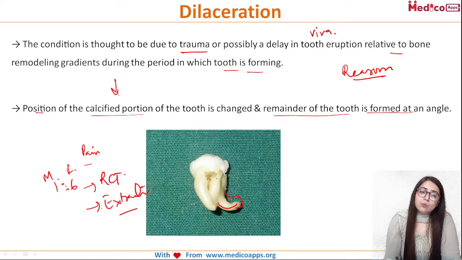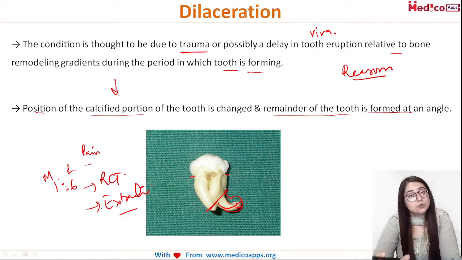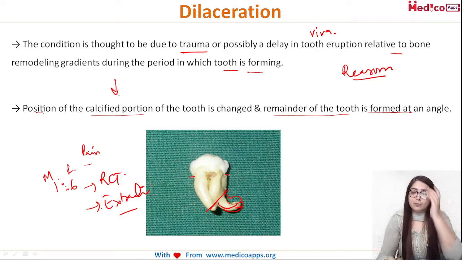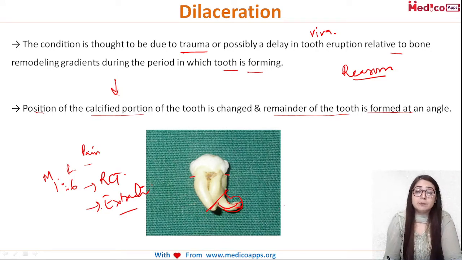Whenever you start extracting this tooth, this part will come out, but this will remain in the jaw itself. So it is advised whenever you are going for extraction, you need to take these IOPRs to confirm the bone and the root structure. So the complications could be in RCTs and extraction.